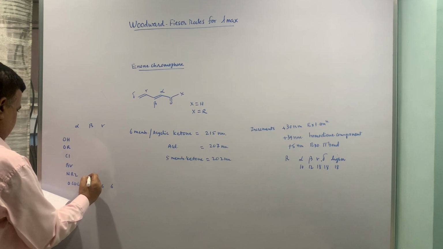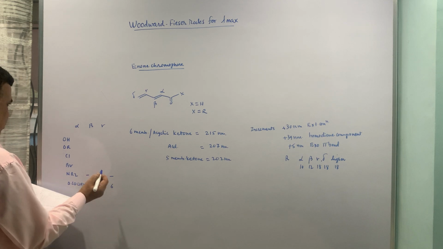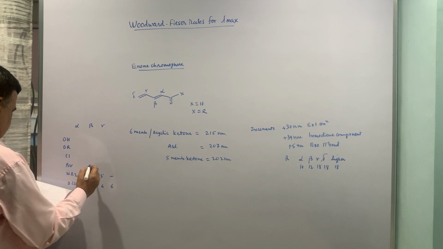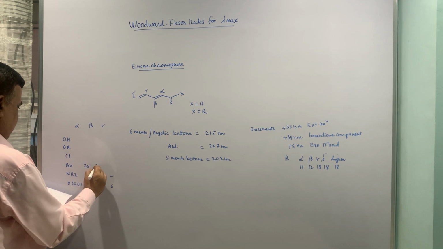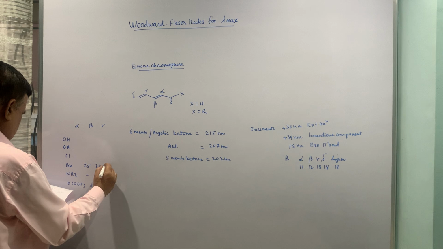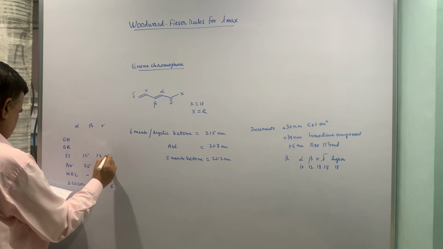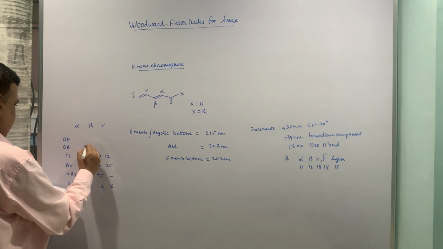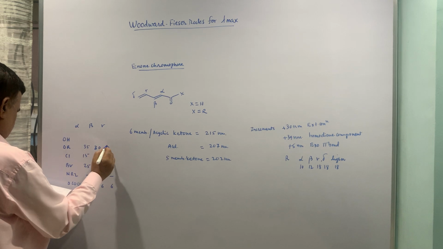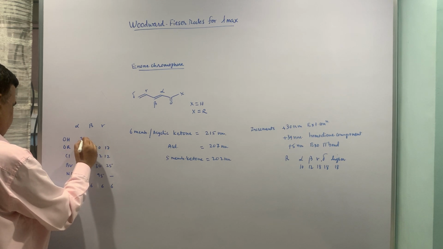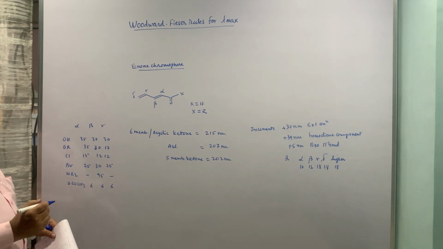This is beta is 95, alpha, gamma is not there, Br is 25, let me put it like this, 30, 25, 15, 12, 12, 35, 30 and 17, 35, 30 and 30. These are the increments.